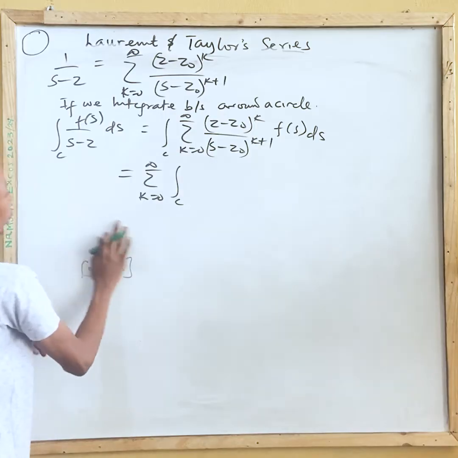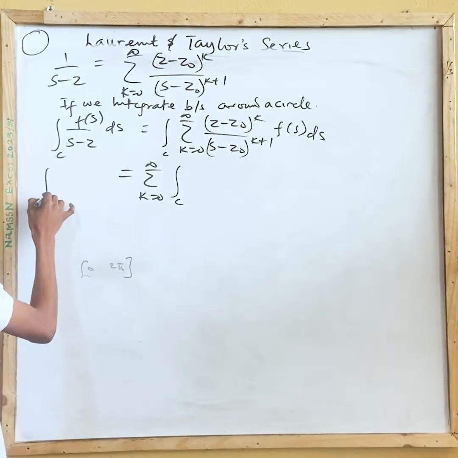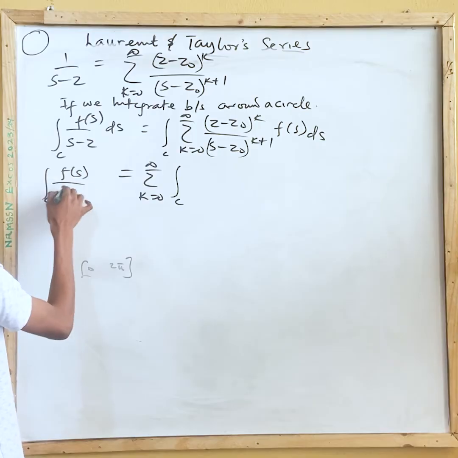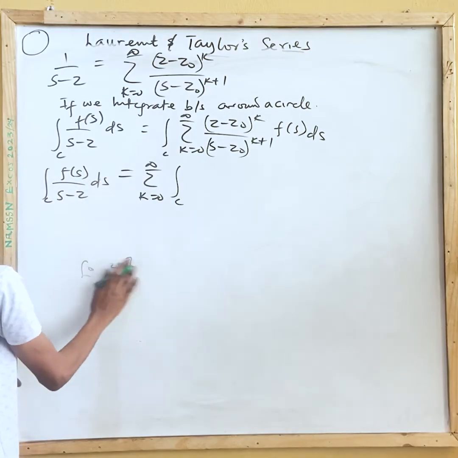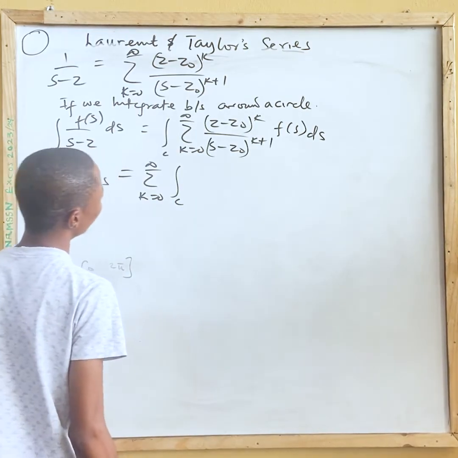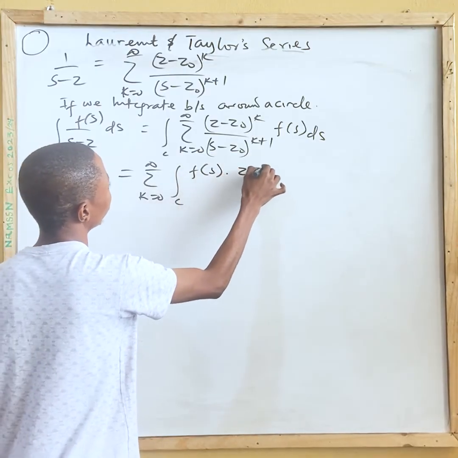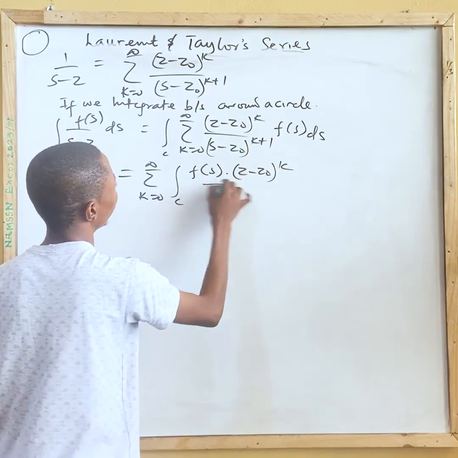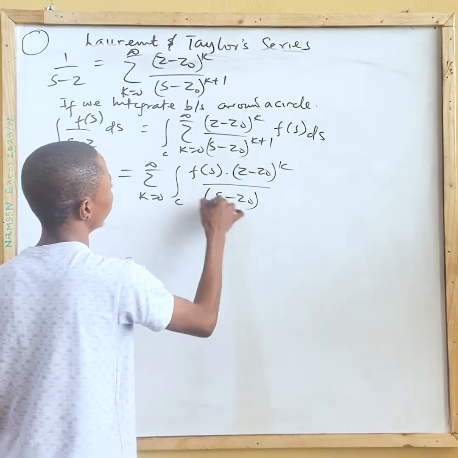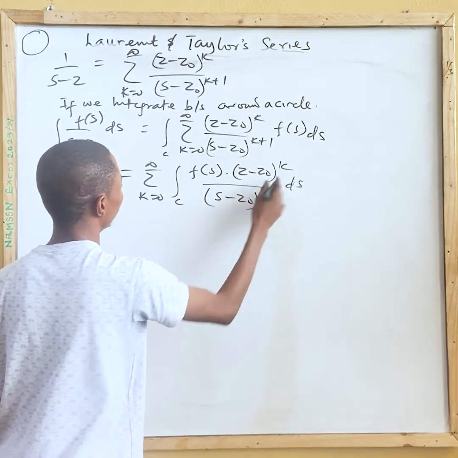So this will be the integral over c of f of s divided by s minus z ds equals the summation, k starts from 0, of f of s times z minus z naught raised to power k divided by s minus z naught all raised to power k plus 1 ds.